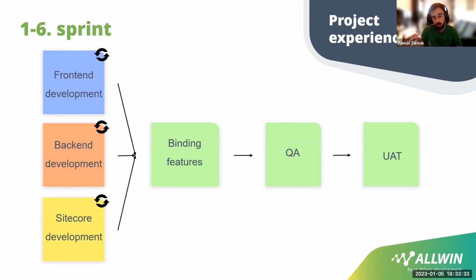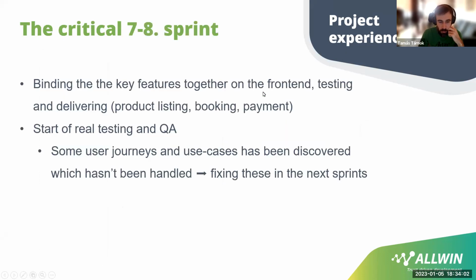Or actually, we could show them how it works in the review meetings, and every team could show how different systems are working. But one feature was always a combination of some front-end development, some back-end, and some Sitecore. So at the end, we bound these together, and then we could start the testing and the user acceptance testing.